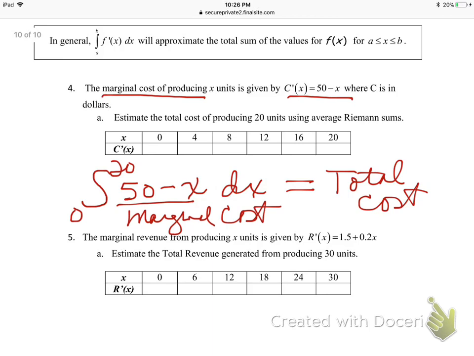When you take the derivative of total cost, you get marginal cost. When you take the antiderivative of marginal cost, you get total cost back.